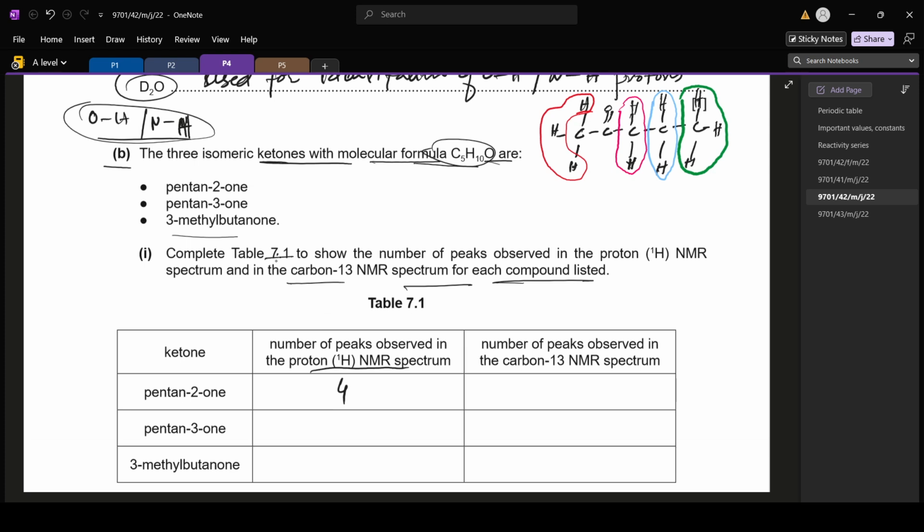Now how many environments of carbon are there for the carbon-13 NMR spectrum?